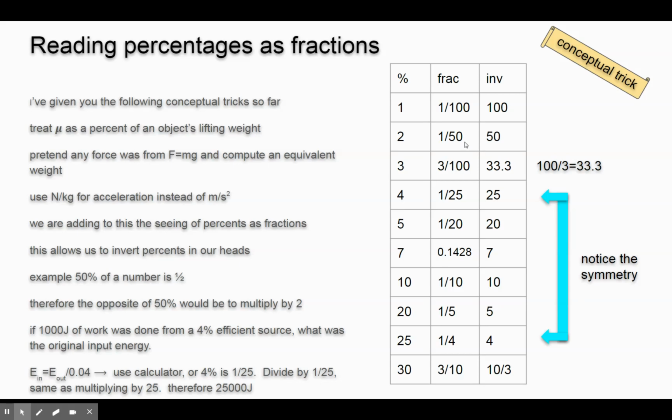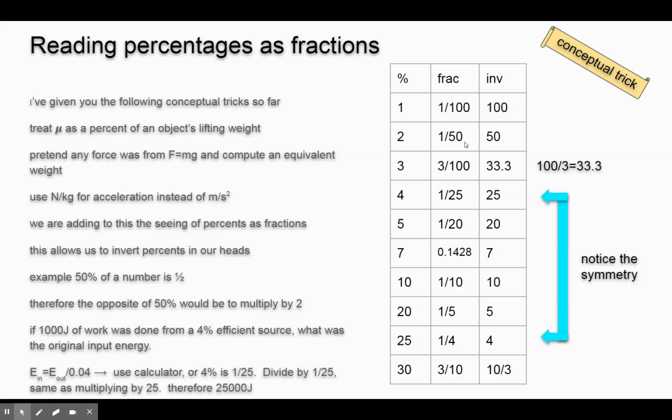Well, on your calculator, you would divide by decimal 0.04. But decimal 0.04 as a fraction is 1/25th of a whole. So if 1,000 is 1/25th of the whole, then the whole was 25 times more.